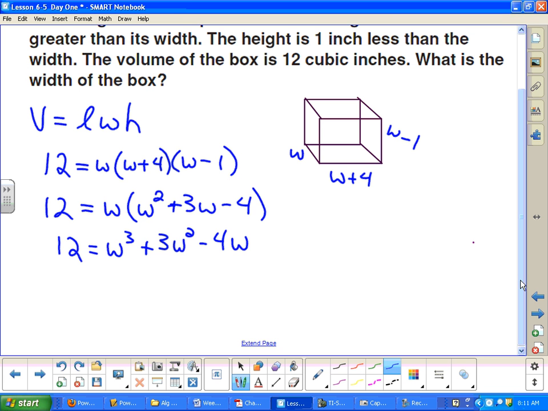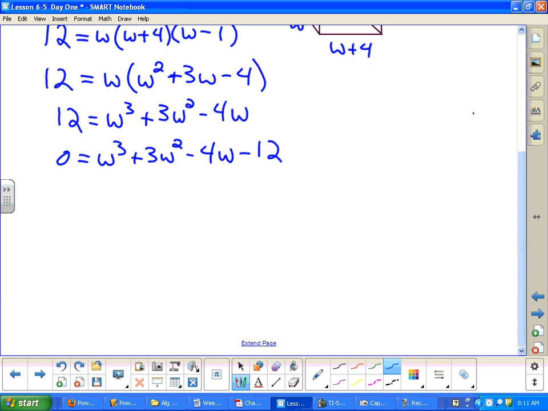So it looks like we might be able to factor by grouping to help us find the answer. If we move the 12 over to the other side, we get 0 equals W cubed plus 3W squared minus 4W minus 12. So we factor by grouping.